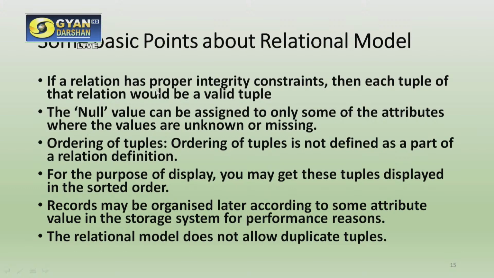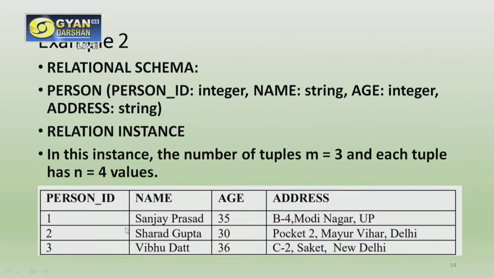Thereafter, ordering of tuples. The next point is that ordering of tuples is not defined as part of a relational definition. What does it mean? Now the ordering, like this person ID whose ID is 1, 2, 3, this order can be anything. Order does not matter.